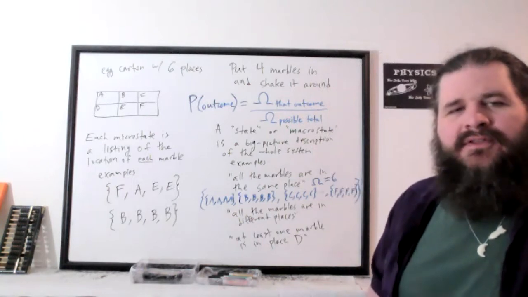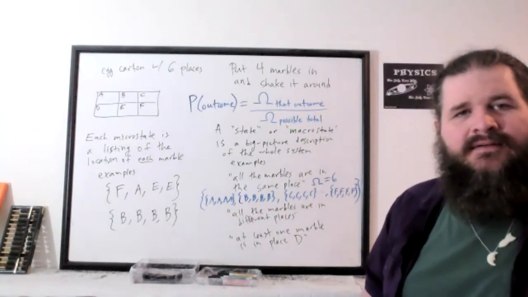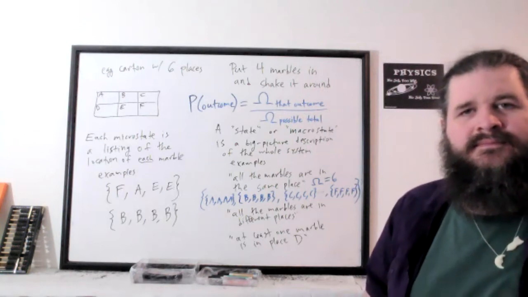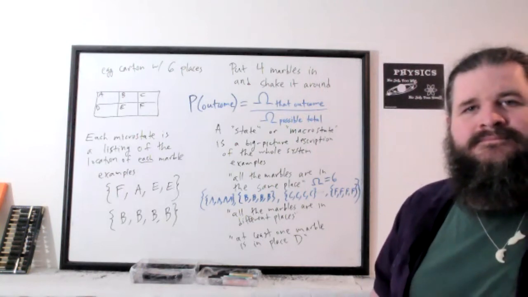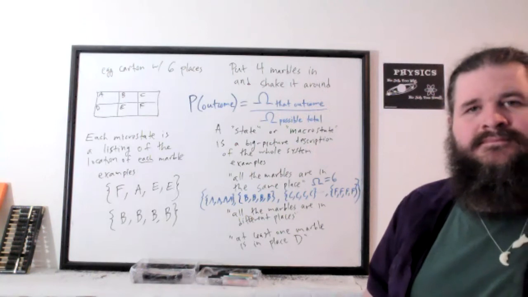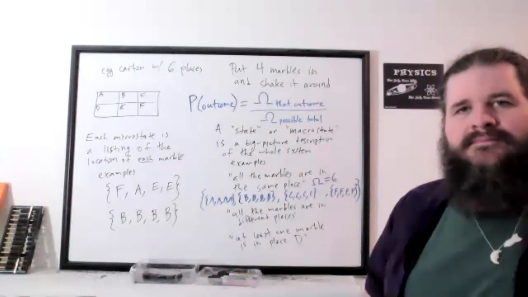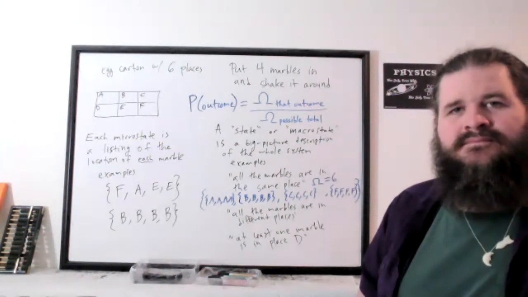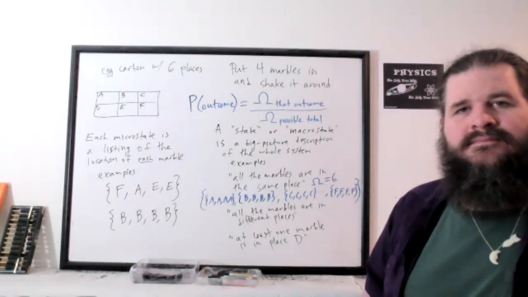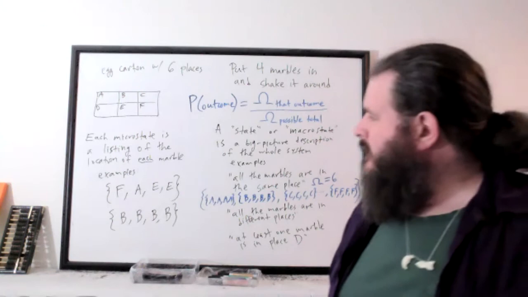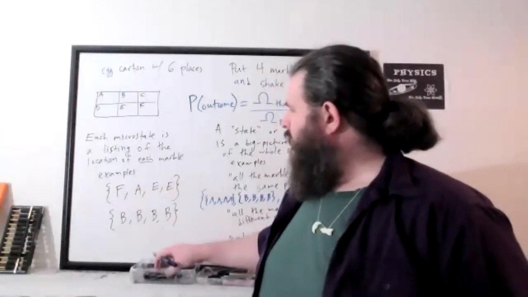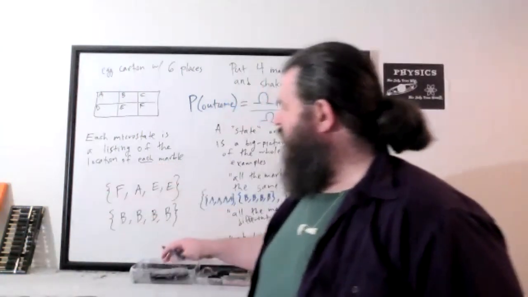So how would we figure out the total number of possible microstates here? So you have 6 different options. So could it be like 6 to the however many number of events? Yeah, because the location of each marble could be thought of as an event.